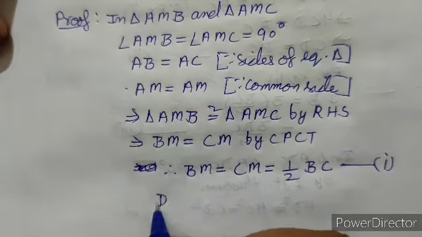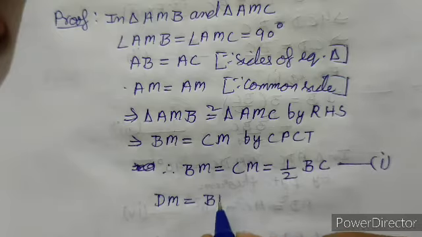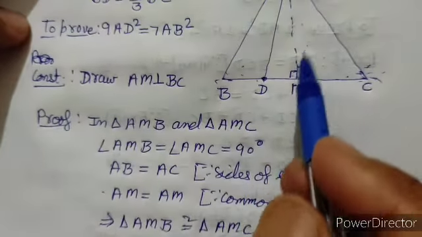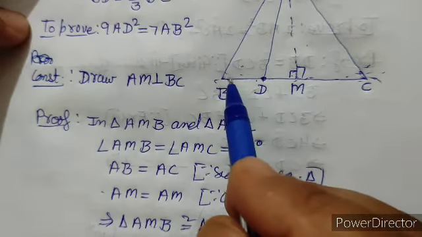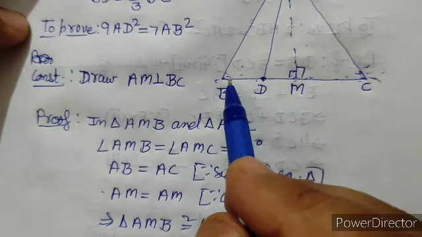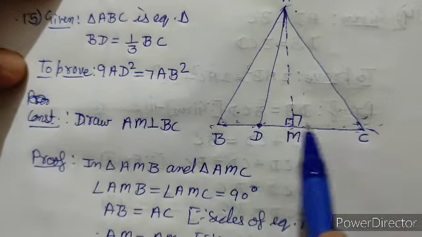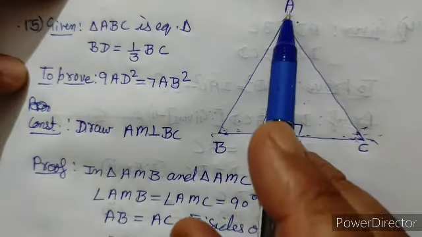Now DM will be equal to BM minus BD. We are finding DM in terms of BC because in our question we have to find the value of AD square.